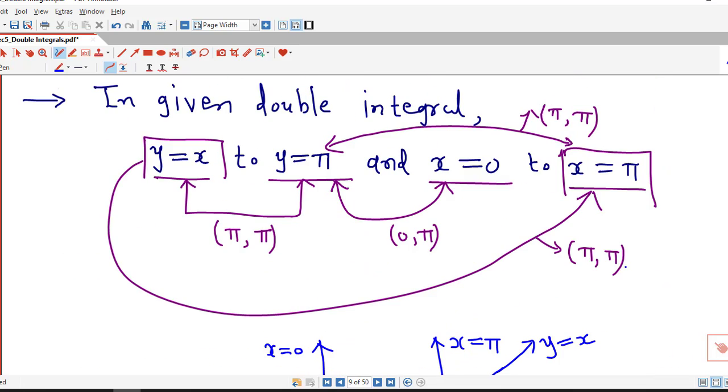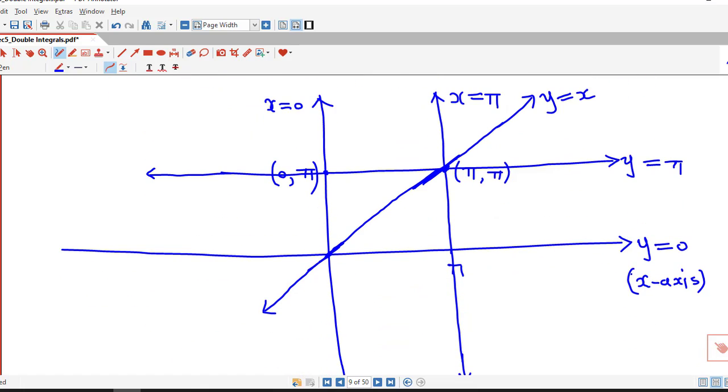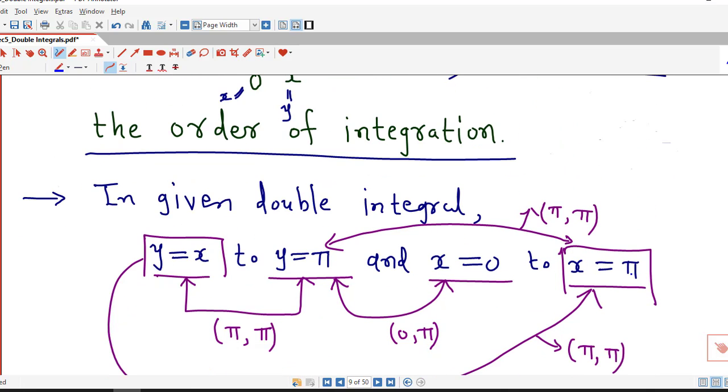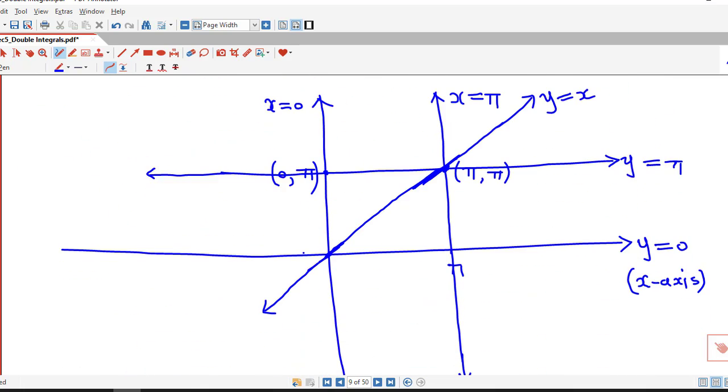So now we have sketched these 4 lines: y equal to x, y equal to pi, x equal to 0 and x equal to pi. Now we check limits of integration. y is from y equal to x to y equal to pi. So this line is y equal to x and y equal to pi is this line.